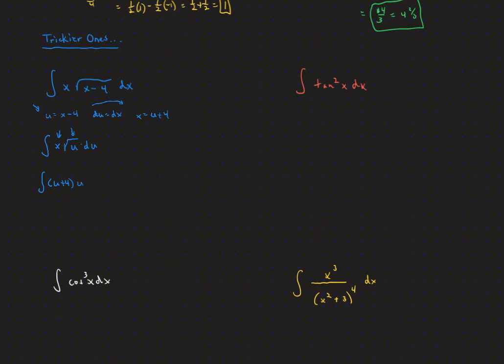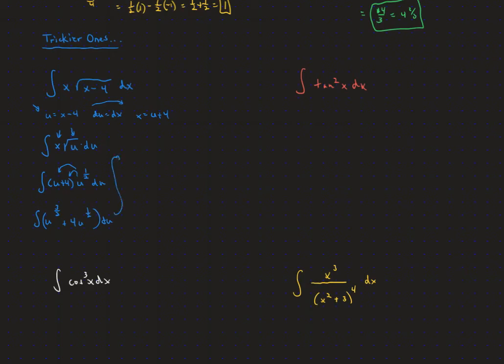I'm going to think of that square root of u as u to the 1/2 du. Now everything's got u's in it. There's no x's remaining. I'm going to distribute that u to the 1/2. And so that's going to be u to the 3/2 plus 4u to the 1/2. And there's our du.